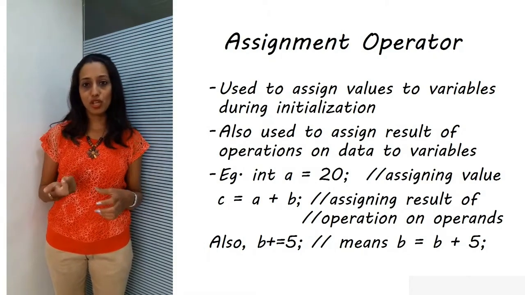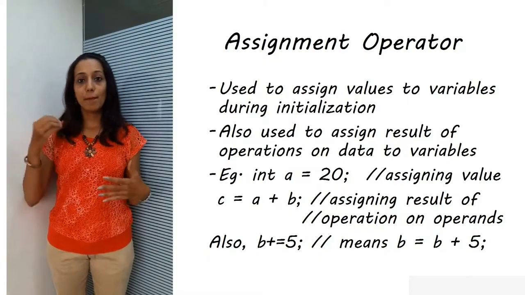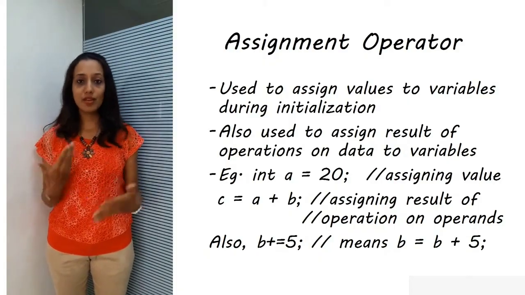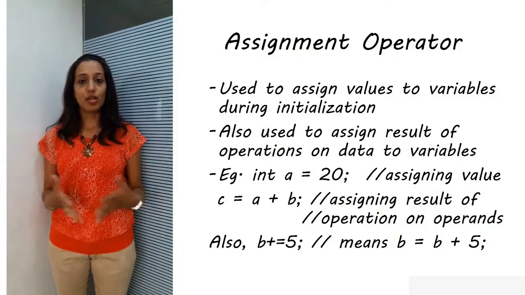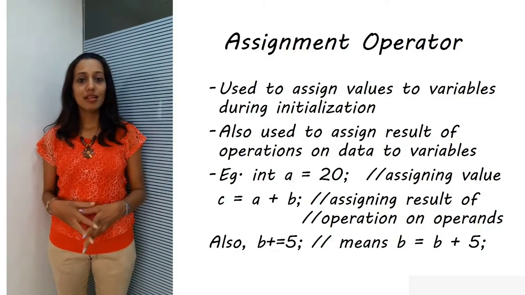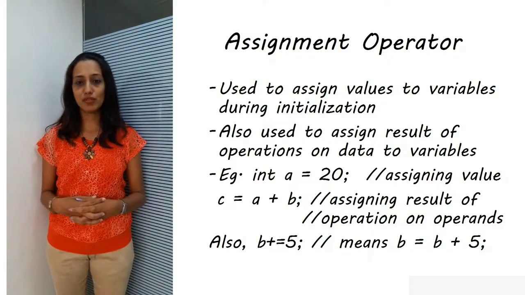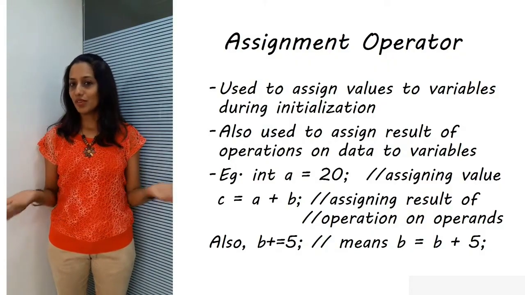So this is a combination operator. You can use plus equal to, minus equal to, multiplication equal to, any of these variations along with the assignment operator, and you can change the value of a variable by a certain specific value. So this is how the assignment operator is useful to us for assigning values to variables.